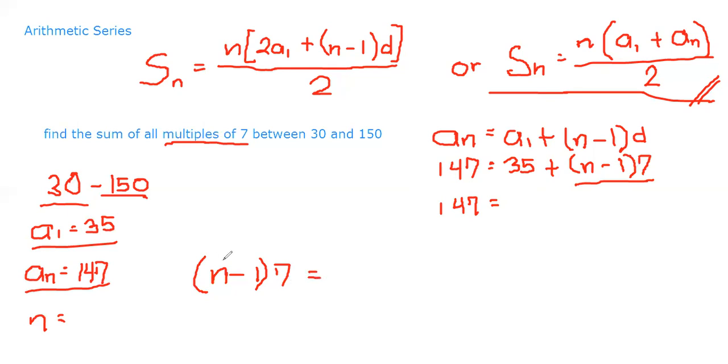Gagawin natin, si n multiply natin kay 7, or si 7 multiply natin kay n. 7 times n, that is 7n. Tama, diba? Then, 7 times negative 1, what will be the answer? Negative 7. So, ito na yung lagay natin, 7n minus 7.